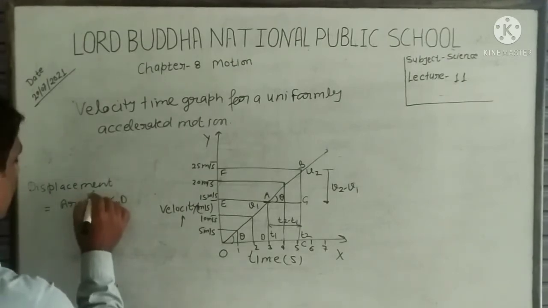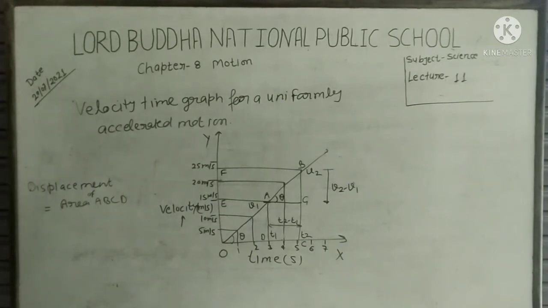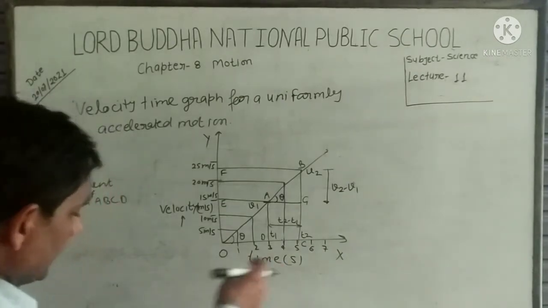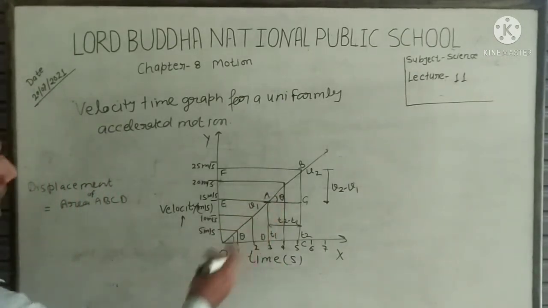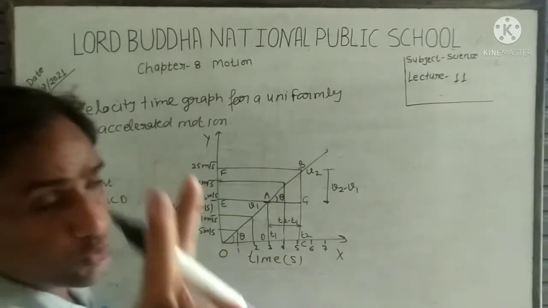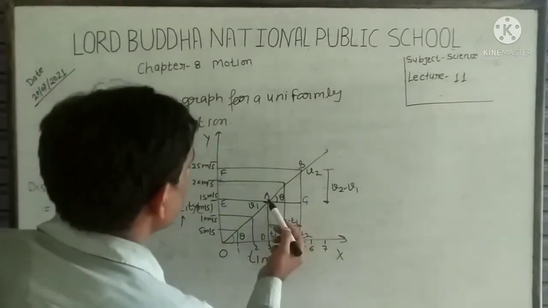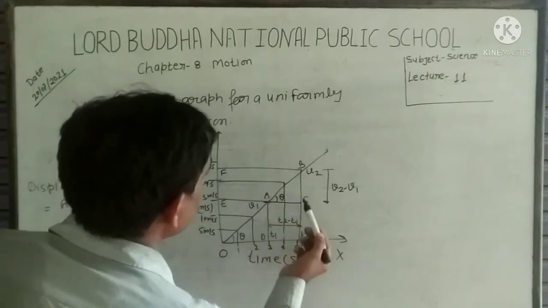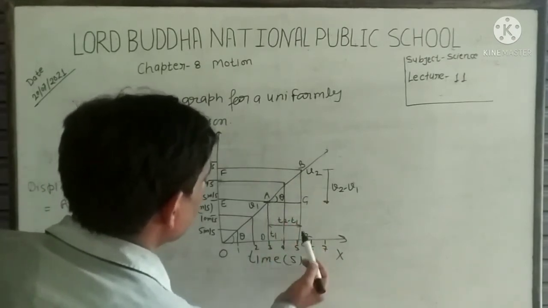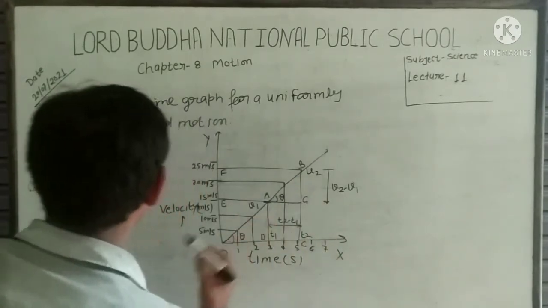Area of ABCD. Now this area can be divided into 2 parts. First, right angle triangle AGB, and second, a rectangle AGCD.